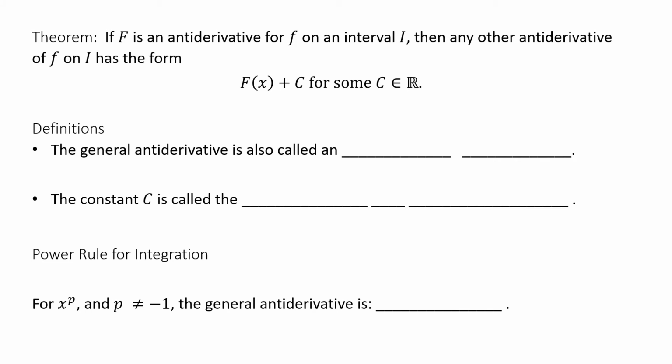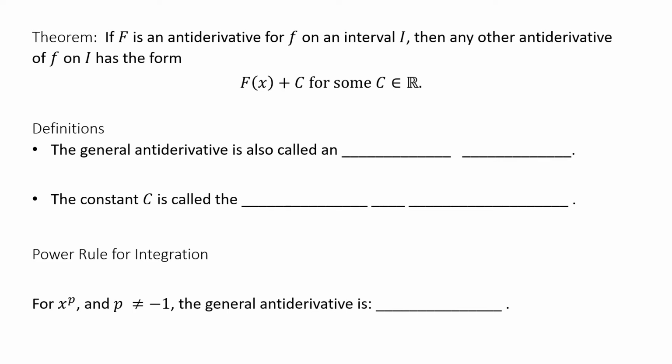Let's get some rules. Theorem: if uppercase F is an antiderivative for lowercase f on an interval I, then any other antiderivative of lowercase f on I has the form uppercase F of x plus c for some c that's a real number. Let's get some definitions now.